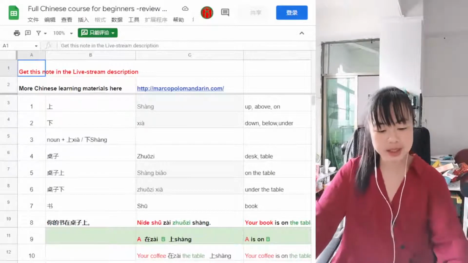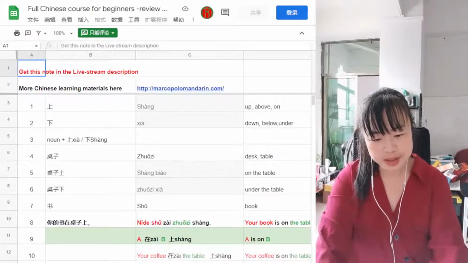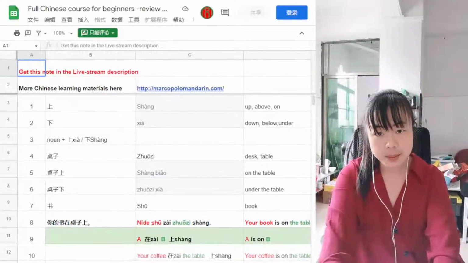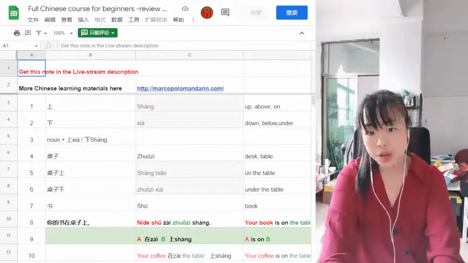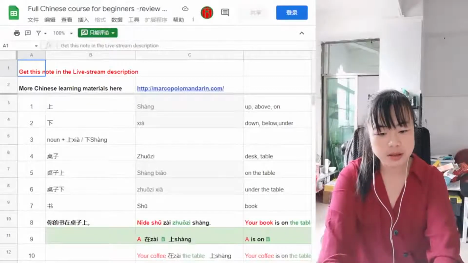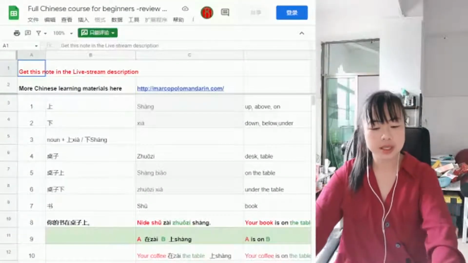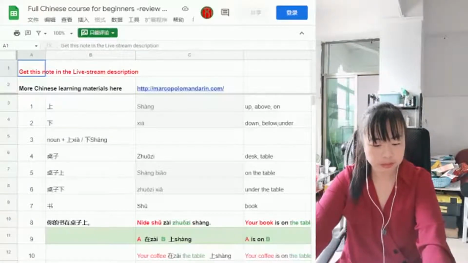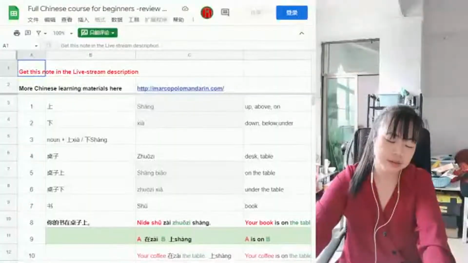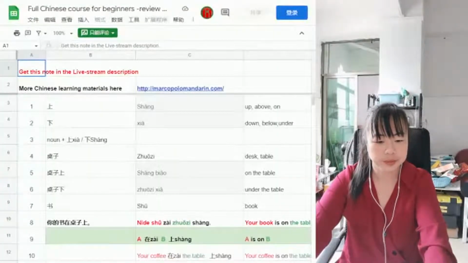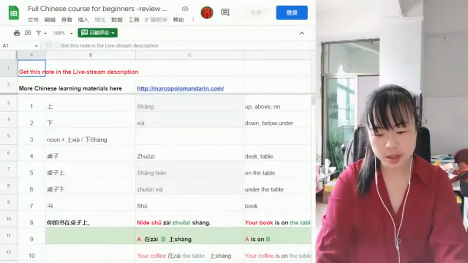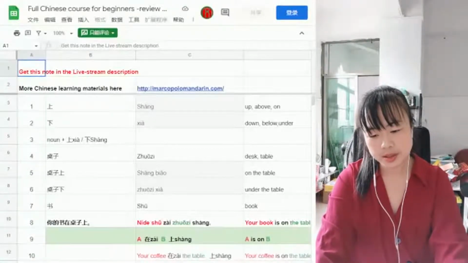For practicing these patterns, I'm trying to use simple words from HSK1 because it's easier for you to only learn with the words that you already know. So 车站 is bus station or bus stop.